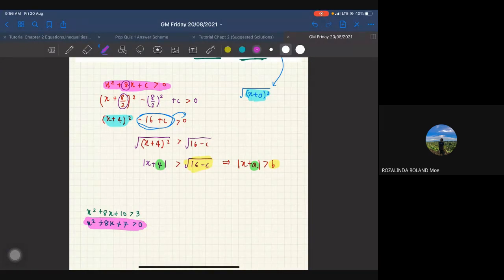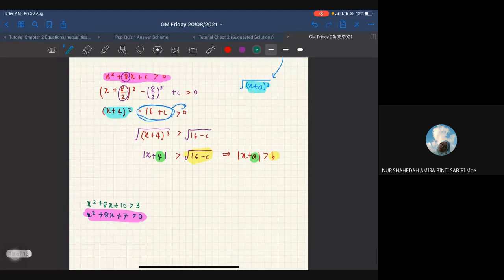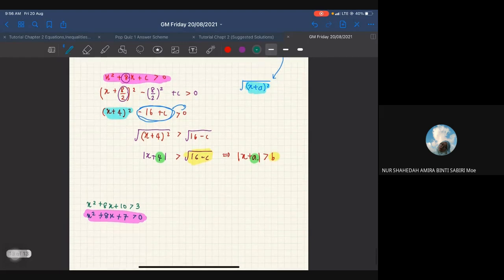Okay, so saya padam balik. So now, kalau awak tengok, kita punya C here is equal to 7 down here. Okay, boleh nampak ke? So maksudnya sekarang, saya boleh tulis semula saya punya inequality ni dalam bentuk this one.